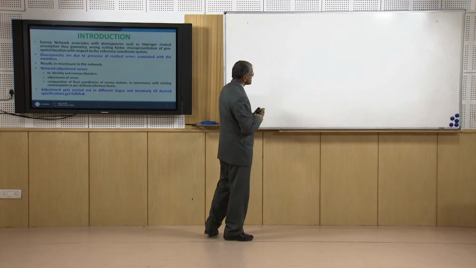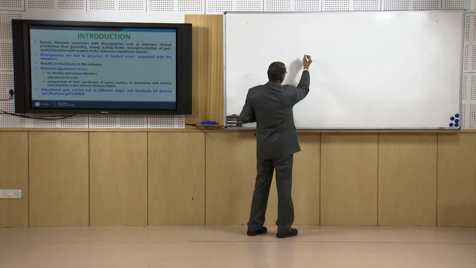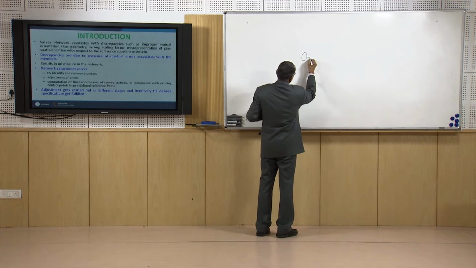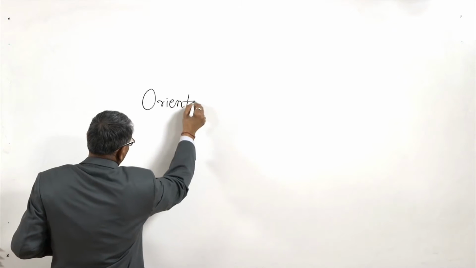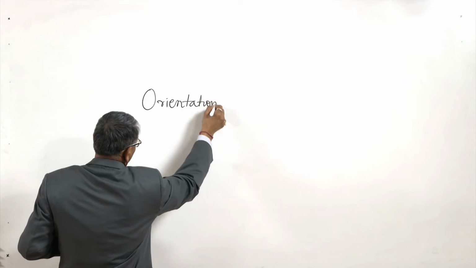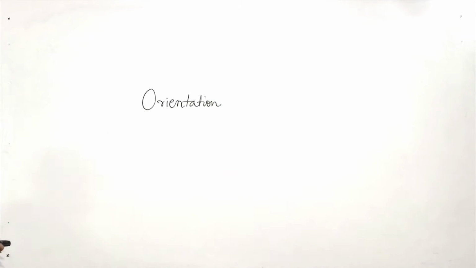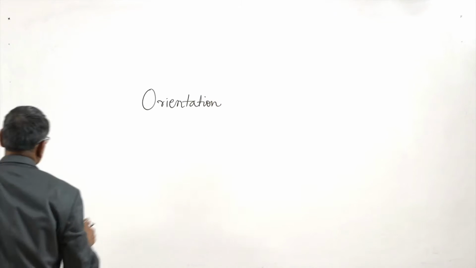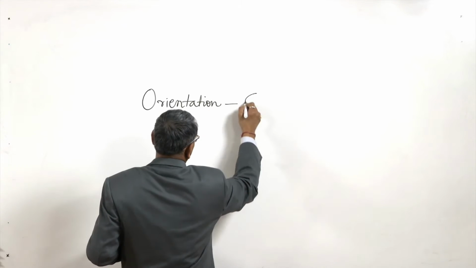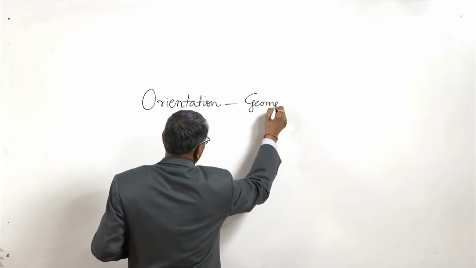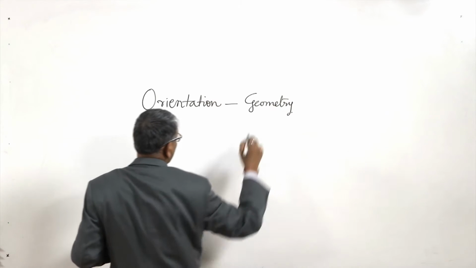Now discrepancy arises due to orientation, that means the geometry may not be the geometry of the figure.